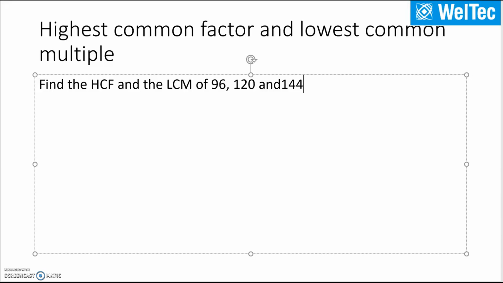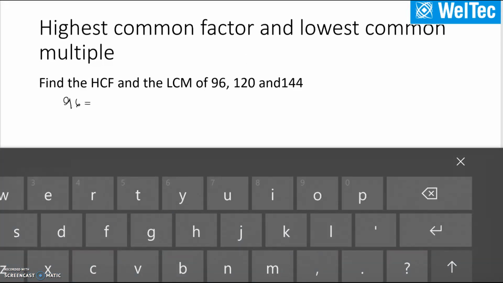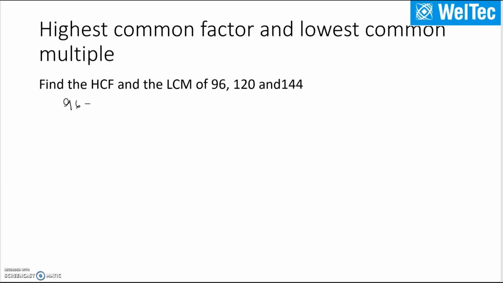Here's a further example of finding the HCF and the LCM of some numbers. Again, let's just start by writing these numbers out as products of their prime factors. So 96 is 2 times 2 times 2 times 2 times 2 times 3.